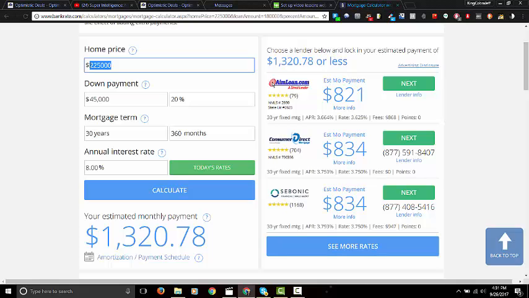As an example, let's say it was a piece of land worth $20,000, and whoever we found as a buyer is giving us a $4,000 down payment, which is 20% of its overall value, and we agree to, let's say, 15-year mortgage terms at, let's say, 9%.